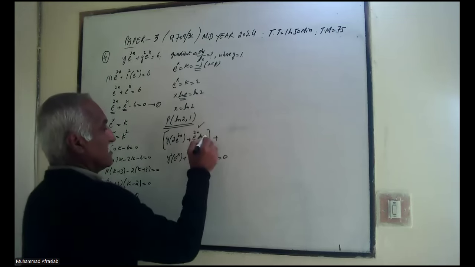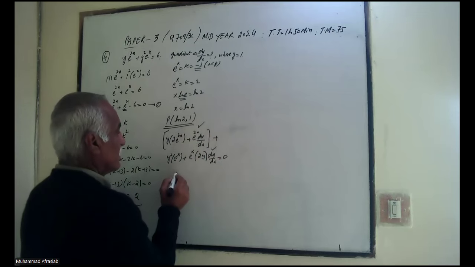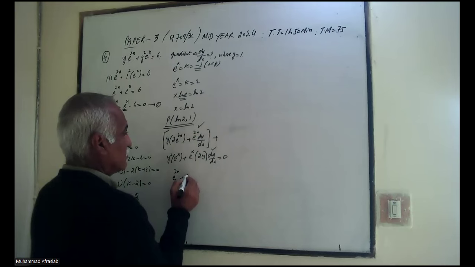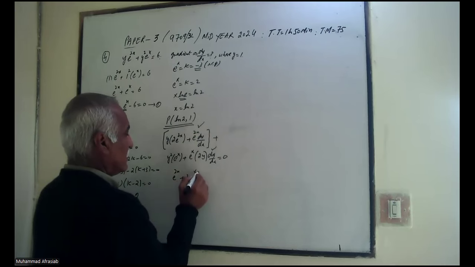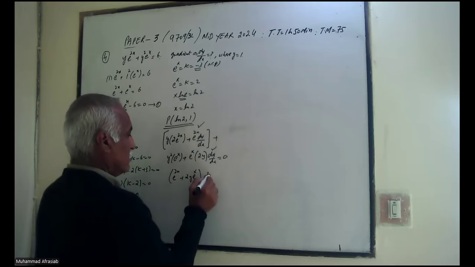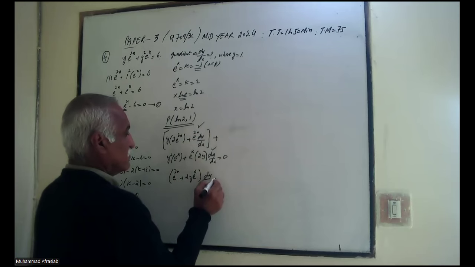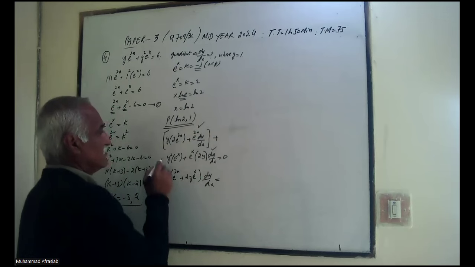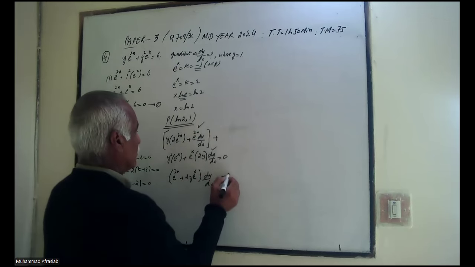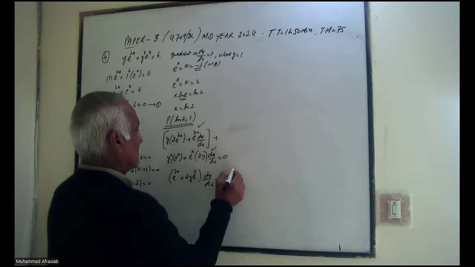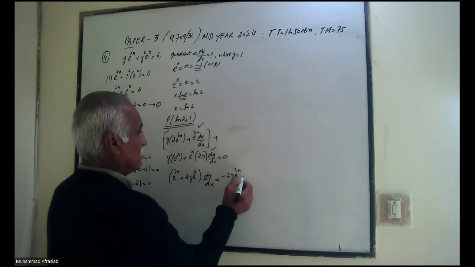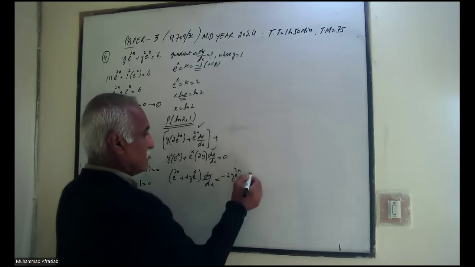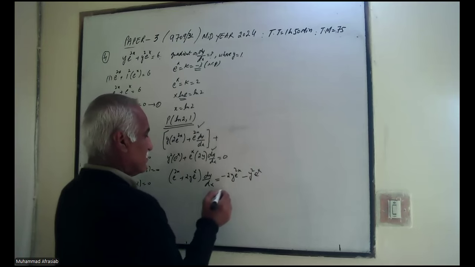So these two terms are containing dy by dx. So we can write this as (e^(2x) plus 2y e^x) into dy by dx is equal to, we shift the rest to the other side, minus 2y e^(2x) minus y squared e^x.